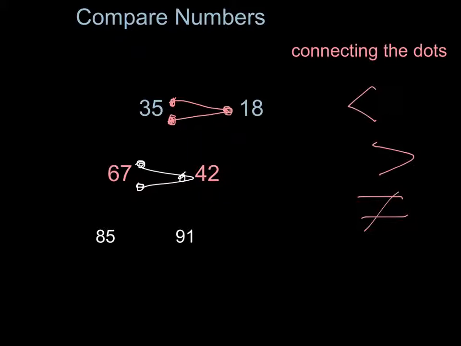Okay, so here are two more to try, 85 and 91. So 91 is more than 85, so I'm going to draw both dots next to 91, only one dot next to the 85, and then they connect going that way. Obviously, if they're equal, you don't need to do that because they're just equal. So maybe that's a way that will help you.